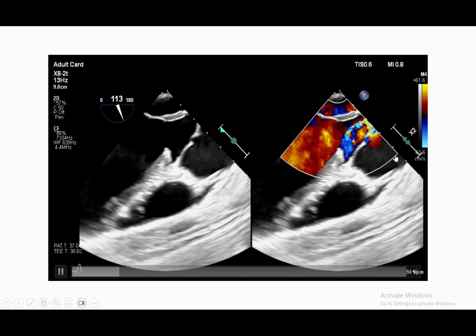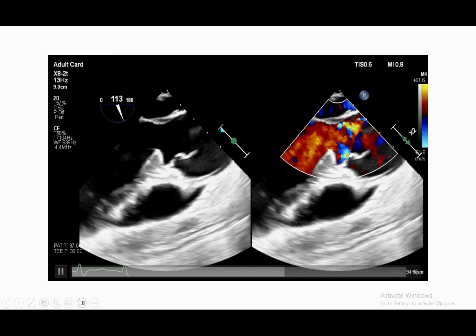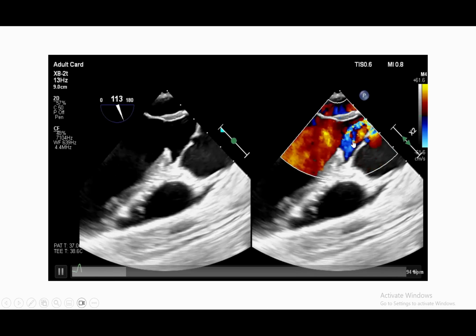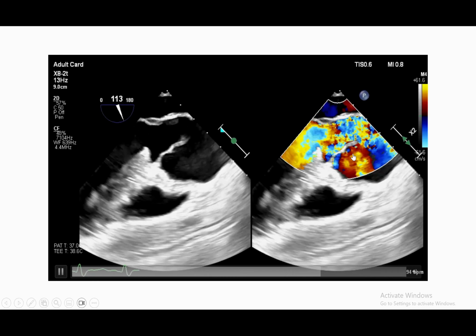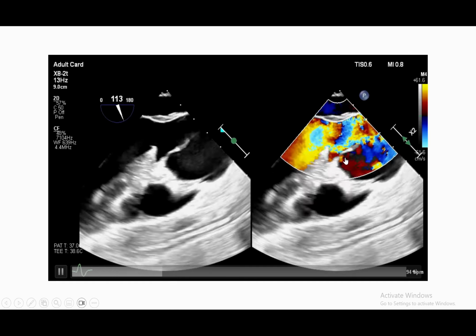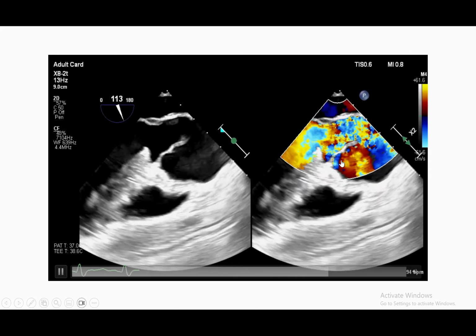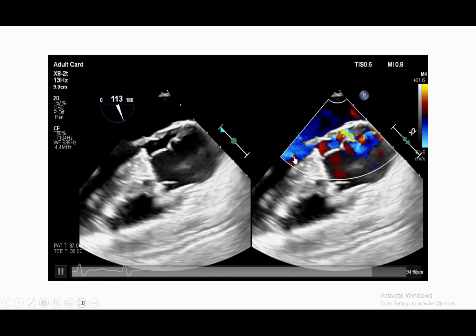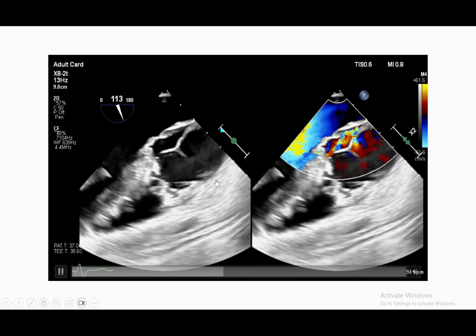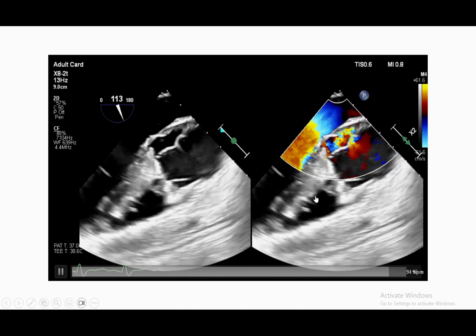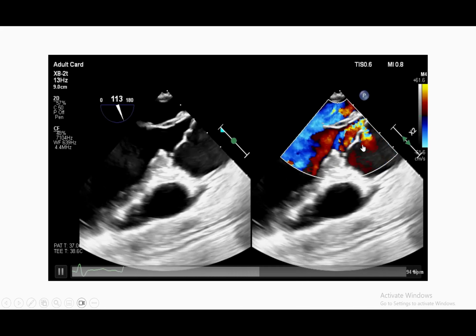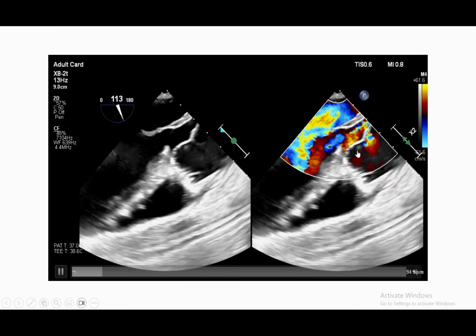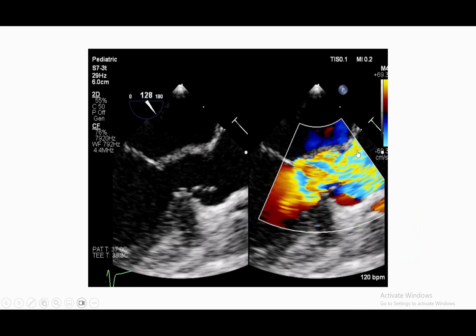This high velocity of blood may cause the cusps to thicken, and then later a valvular aortic stenosis may develop. So in a long-standing case of subaortic membrane, we may expect that there is a concurrent valvular aortic stenosis.